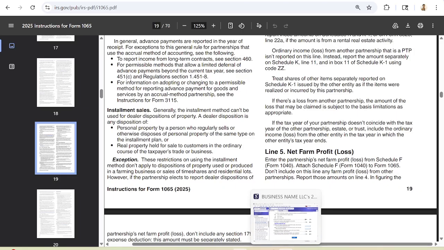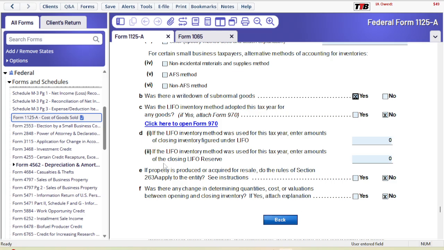That's why it's good to save that form, so that you can save your highlights of the instructions. And as you are filing the return, if the software asks you a question you are not sure about, you can read the instruction to see what it is saying about it. Understanding the form allows you to know where in the 1065 form the answer goes, so you can look it up in the instruction to understand it more.